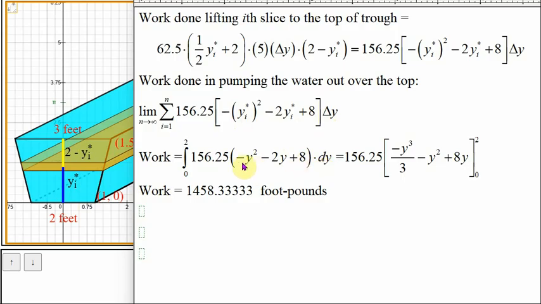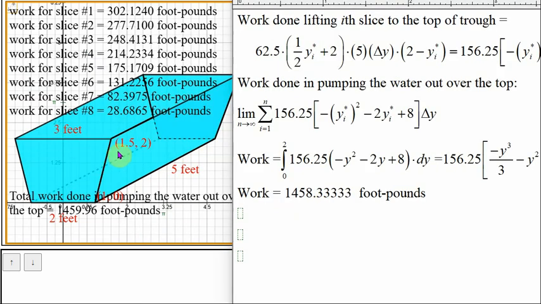And then the integral for negative y squared is negative y to the third over 3. And then for negative 2y, we get negative y squared. And then for 8, we get 8y. And then evaluate from 0 to 2, we get 1,458.33 foot-pounds.